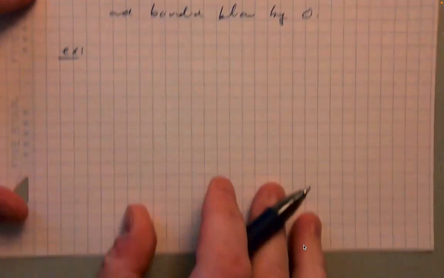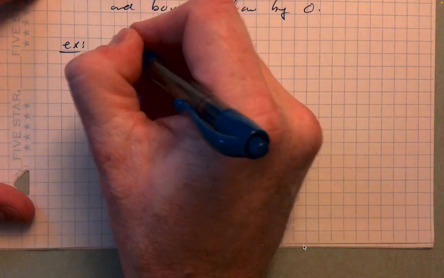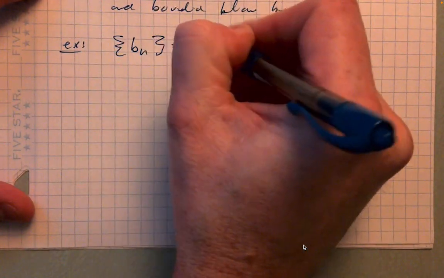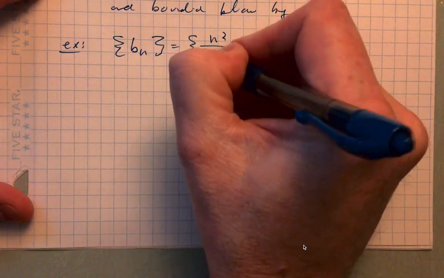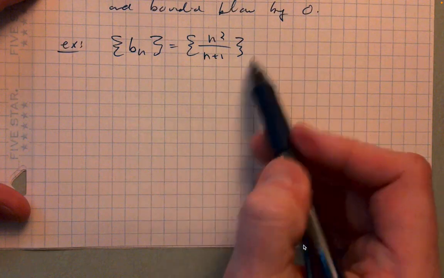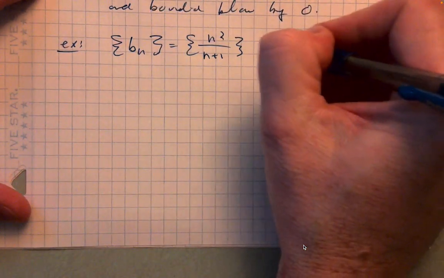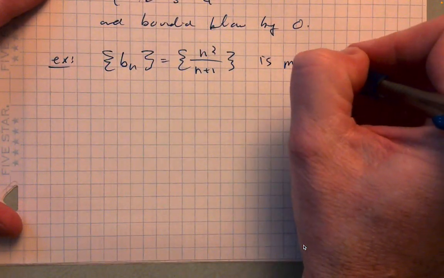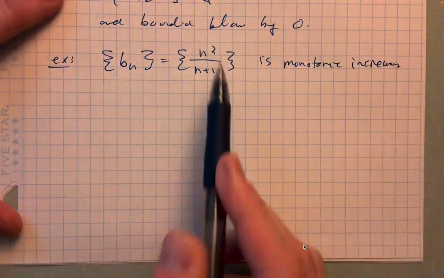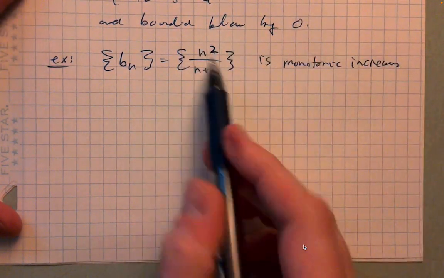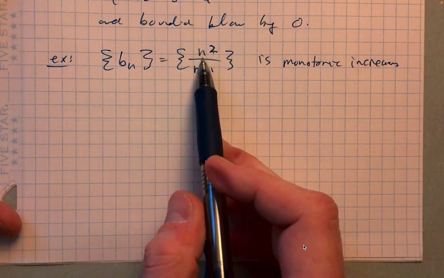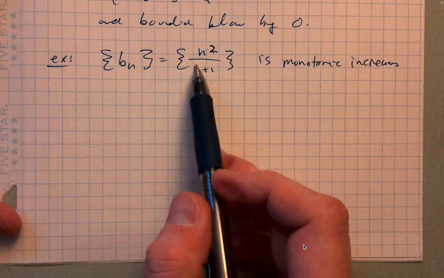Another example. B of n equals n squared over n plus 1. This is monotonic increasing. That's clear. This is n squared, so whatever n happens to be, if it's 2, then this would be 2 squared, and this would just be 2 plus 1.